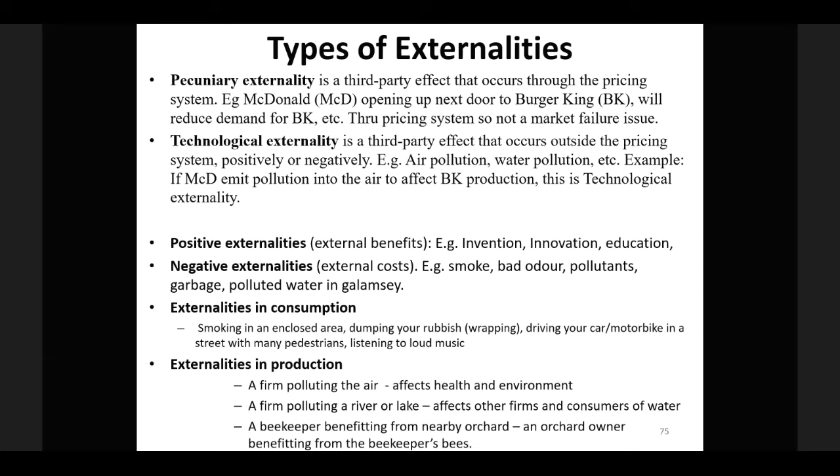And we can refer to this as a positive externality. So it is also for innovation. Innovation also brings about some positive externality when other firms are able to use this innovation without paying for it, enjoying it for free. Then we say we have positive externalities.